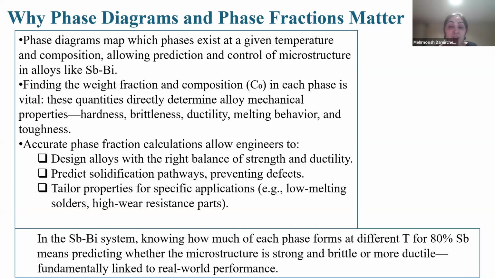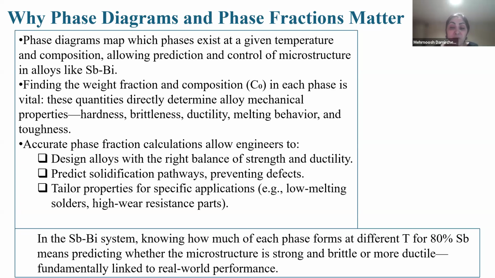By calculating weight fractions and composition in each phase, for example, you remember that when we are in liquid and alpha phase for Sb-Bi, in alpha phase we have 12 weight percent Bi and 88 weight percent Sb, and for liquid, 45 and 55. So by calculating the weight fractions and composition in each phase, we can directly predict mechanical properties such as hardness, ductility, toughness.